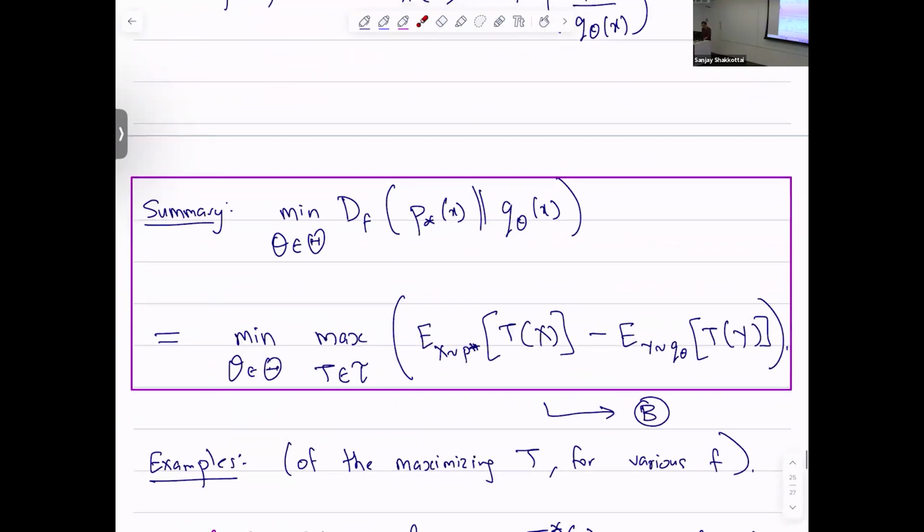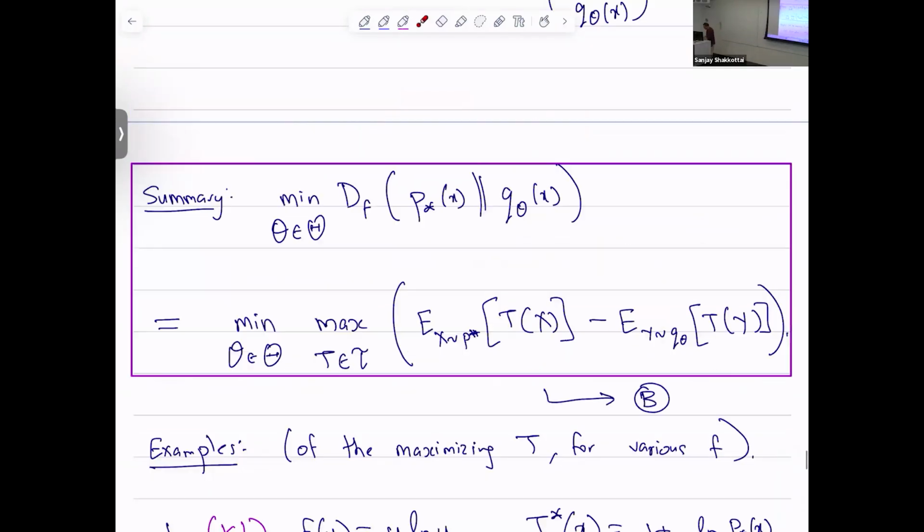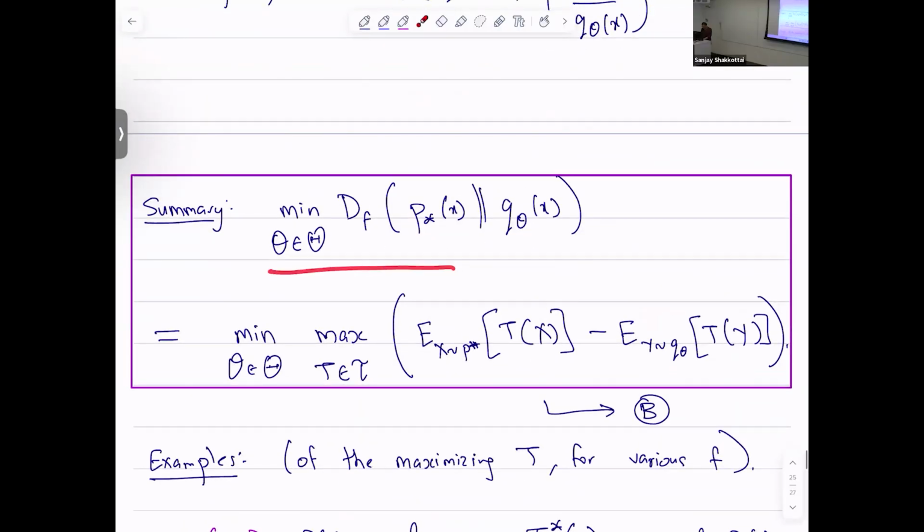So the summary at this point, to catch back: Q theta was some family. I want to minimize over parameters theta the f divergence between P star and Q theta. So various problems we have looked at fit into this framework. Because f is convex, under reasonable conditions, we can show that this minimum is exact.